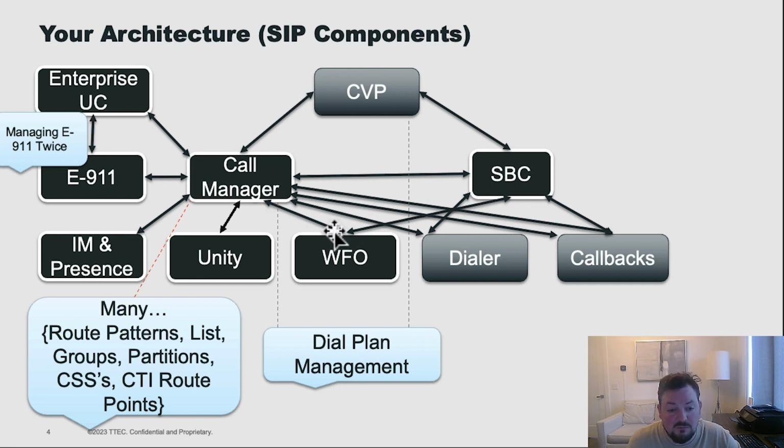You've probably got built-in bridge going from here to here, and over here you've probably got some sort of SIP-rec capability or XMF, but you've got something here, and then you've got dialer and callback stuff. And so we've got quite a number of lines.